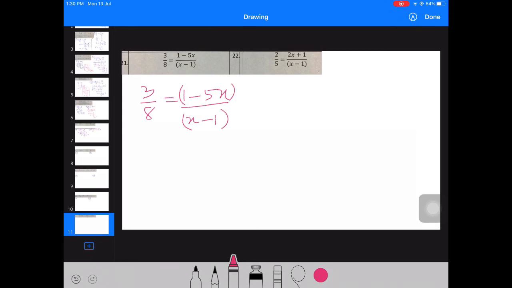We can cross multiply. Yeah, you can cross multiply. So 3 multiply x minus 1 equals to 8 times 1 minus 5x. And then we expand the expression.